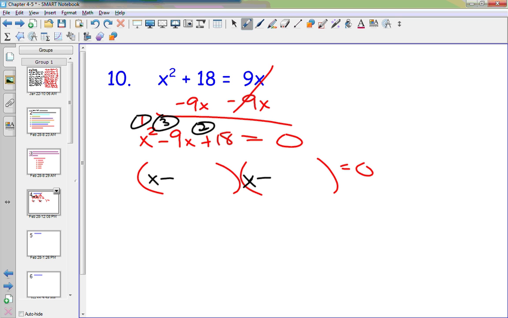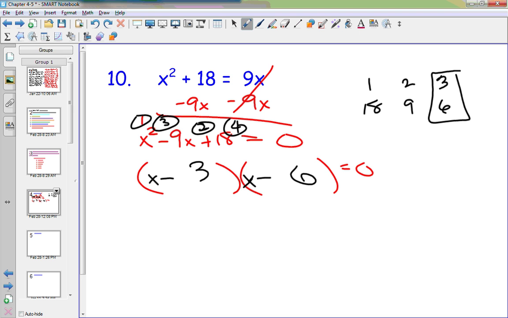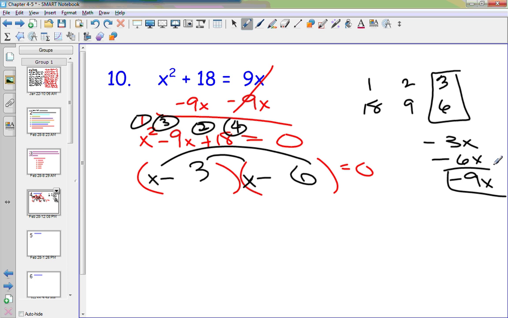I need factors of 18 that are going to add to give me 9. So 1 and 18, 2 and 9, 3 and 6. What am I going to use? 3 and 6. So I'm going to plug in a 3 and I'm going to plug in a 6. Am I done? Nope. What do I always check? Inner gives me negative 3x. Outer gives me negative 6x to give me negative 9x.